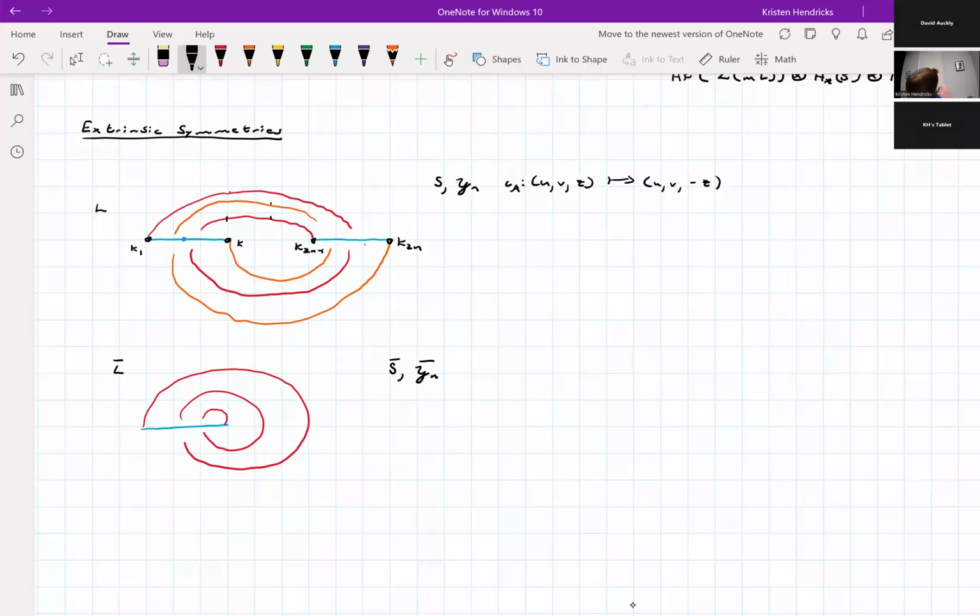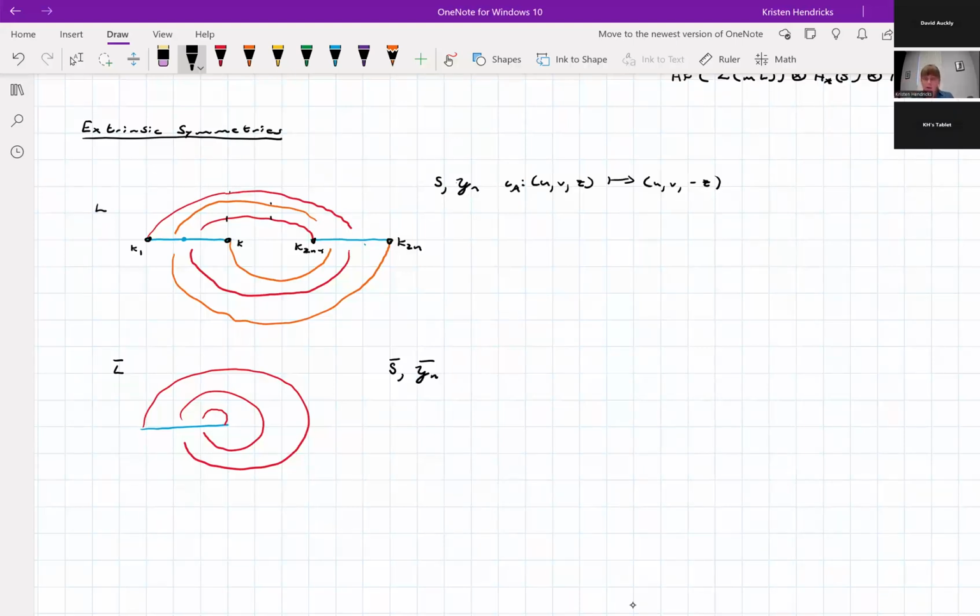This action is called iota A in the paper that my co-authors and I wrote. All right, so this is just saying, well, you can spin the diagram by 180 degrees, send z to minus z, and you will have preserved S, and you will have preserved the whole picture.